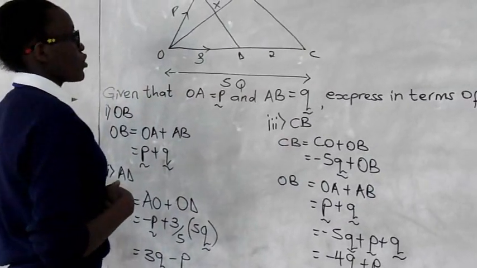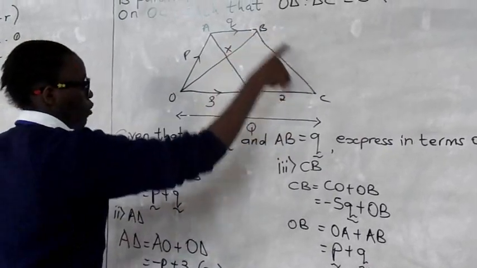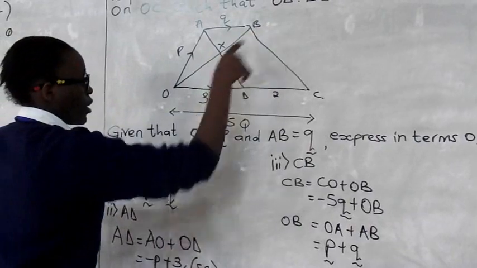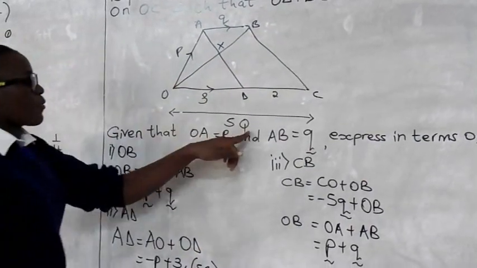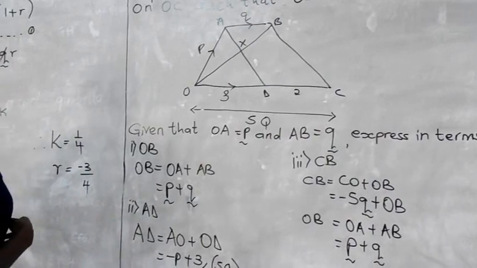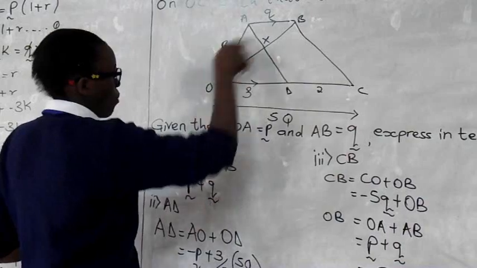Roman 3, we are told to write CB. For CB, we're going to use the route CO to OB. C to O is 5Q, but negative since it is in the opposite direction. So it is CO plus OB.